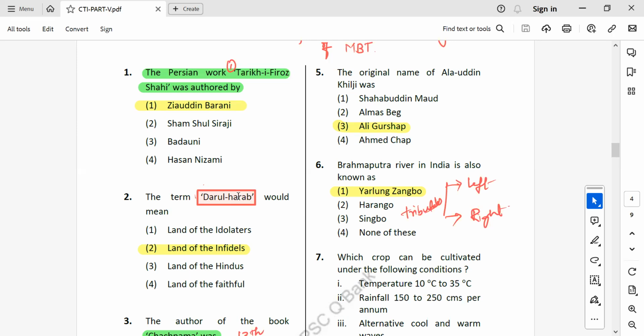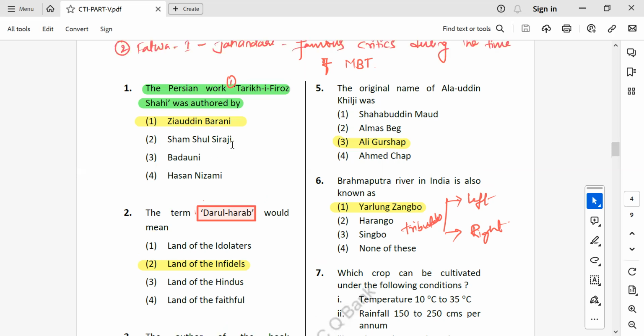So the author was Ziauddin Barani. In a previous class, we have discussed the chronology of the Delhi Sultanate, right?